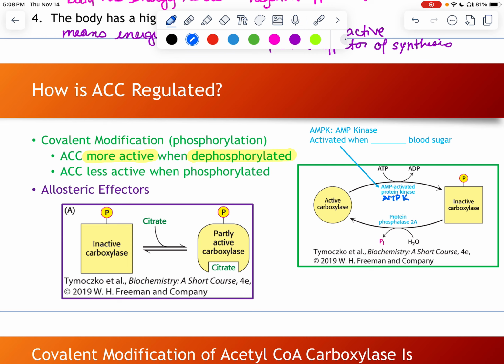We are not going to want to use our acetyl-CoA to build fatty acids in that case, right? Because in that case, we're going to want to save that acetyl-CoA for energy. If we have lots of AMP, then we're going to want to save this for energy.